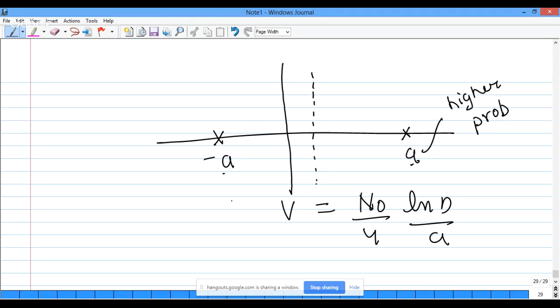Okay. What more, if I have a very large value of N0, that means if my noise levels are too much, then this line will shift more towards the left. That simply means that if I have a very noisy situation, then whatever may be the received value, I should always go for the signal with a higher probability.